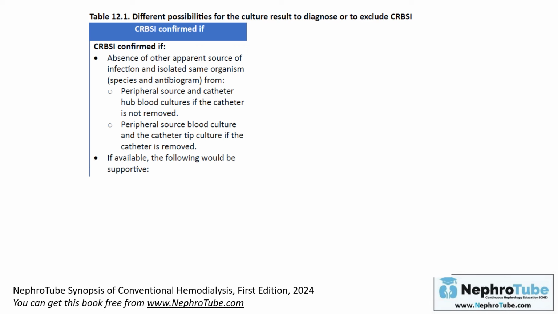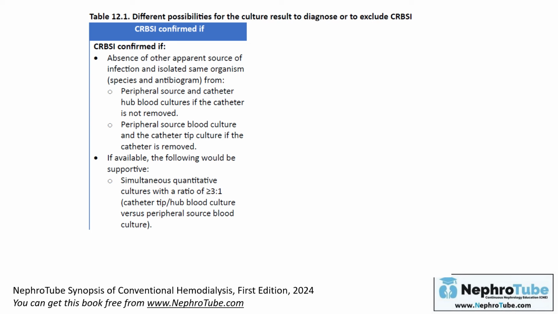Some data, if available, can support the diagnosis. If there is a simultaneous quantitative culture showing that the ratio between the catheter tip or hub culture to the peripheral source blood culture is equal to or more than 3:1, this supports CRBSI.